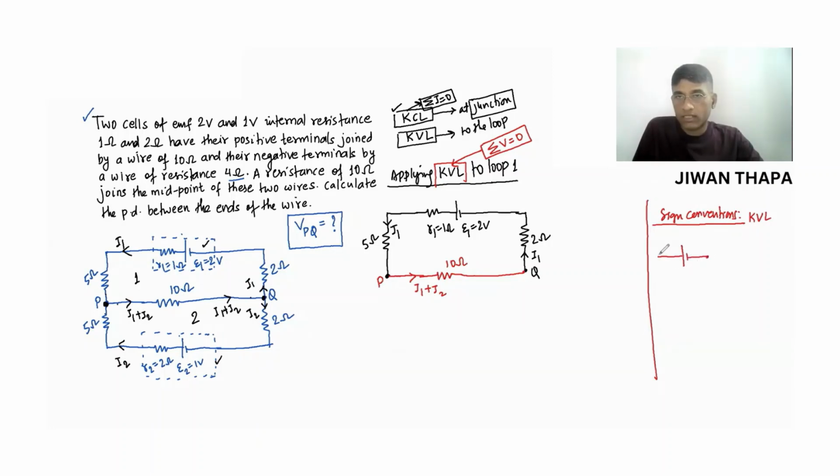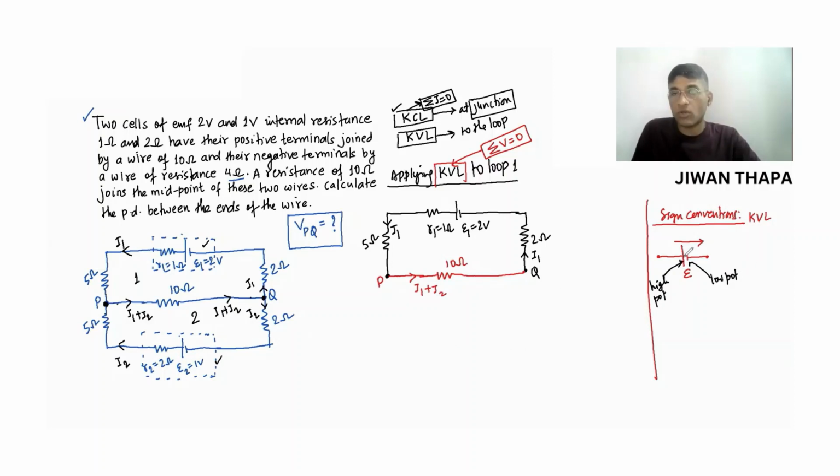This is a cell having EMF E. Now, if we move in a closed path in such a way that we are moving from the positive terminal to the negative terminal, and we know the positive terminal represents high potential, and the negative terminal represents low potential.